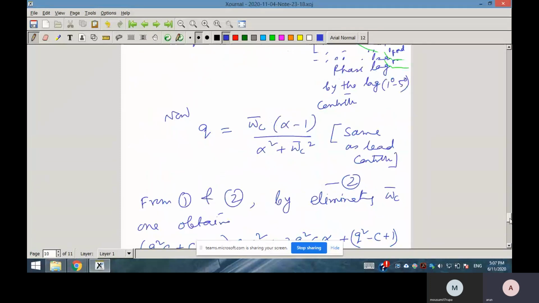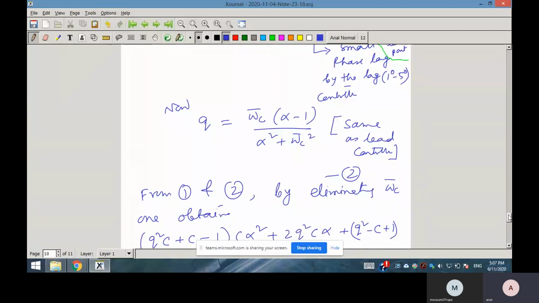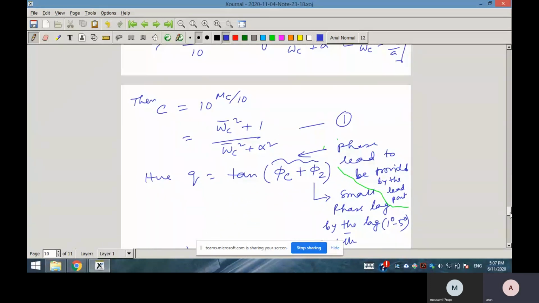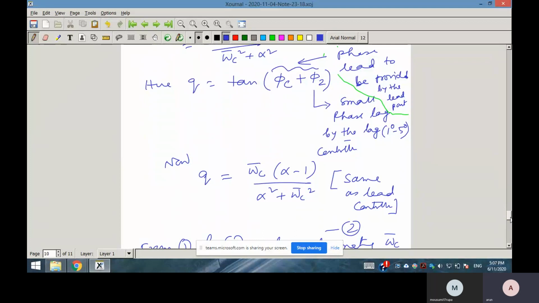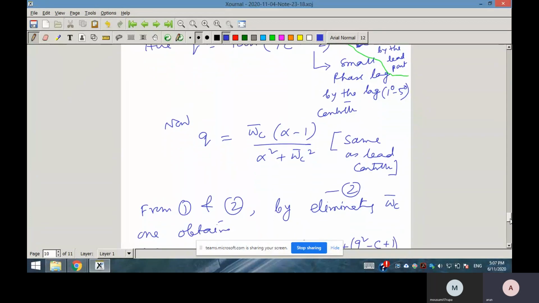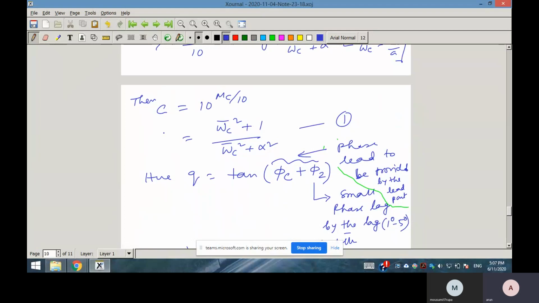Now one thing you see from this equation, mc by 10 q, where is omega c bar? Omega c bar we have assumed as omega c by a. So what is the relation between c and this one? You just see omega c square.